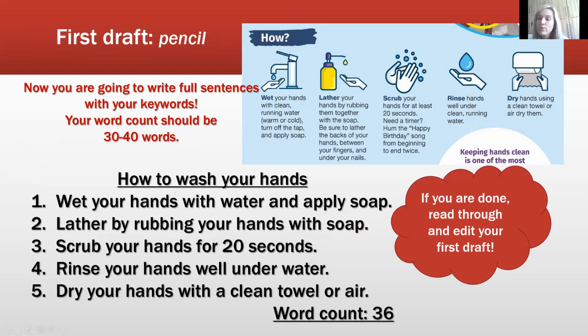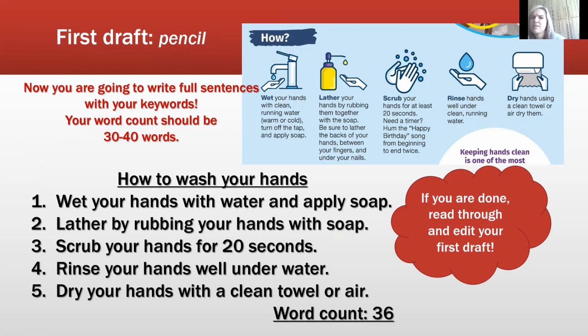Your first draft will also be in pencil. The first draft is going to look exactly like your final draft, with the only exception that this is going to be in pencil, so that when you read through it again, you can correct any spelling errors or language.